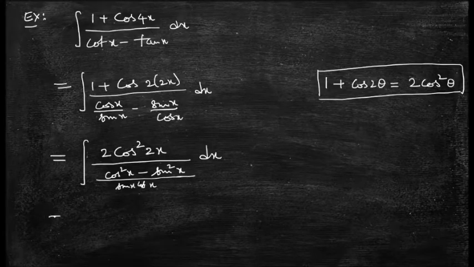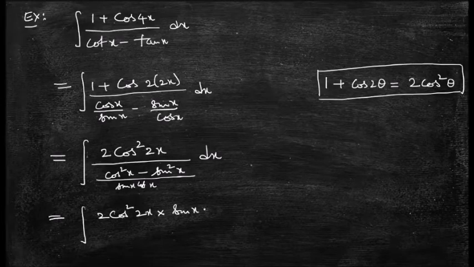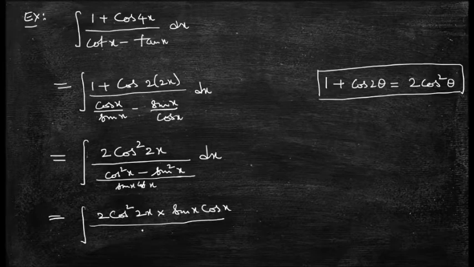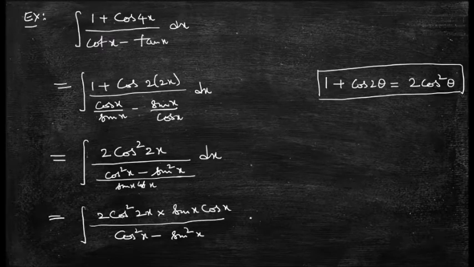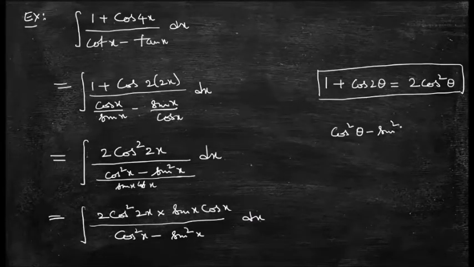Again, one more step for your understanding. Integration of 2 cos square 2x into sin x cos x, the denominator is a fraction, so it gets reciprocated, by cos square x minus sin square x dx. Now what is cos square theta minus sin square theta?